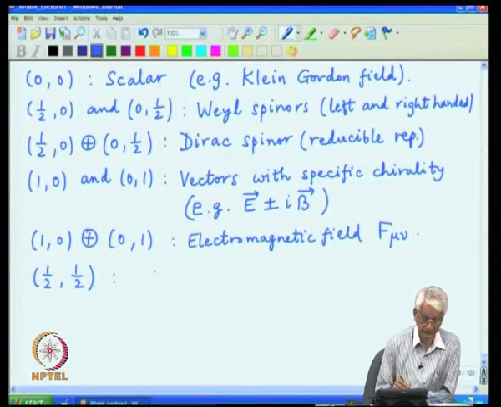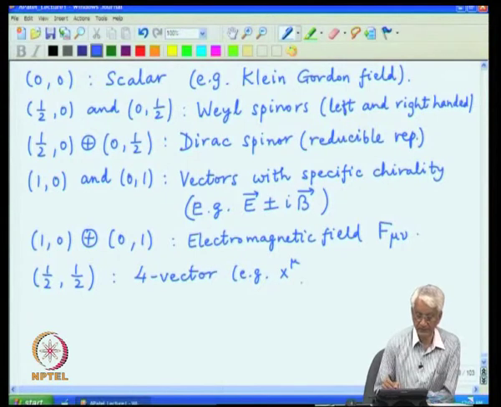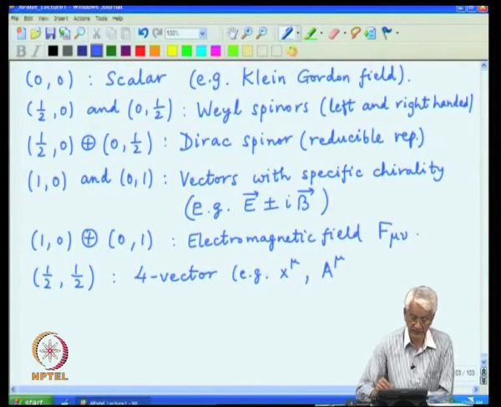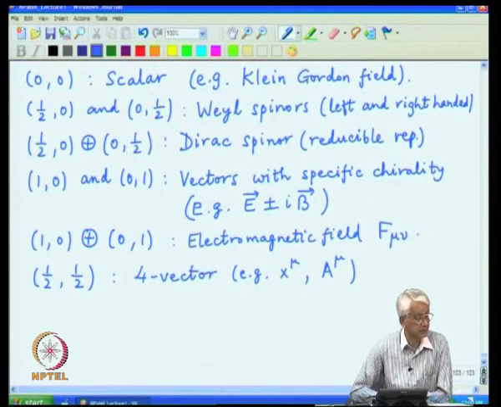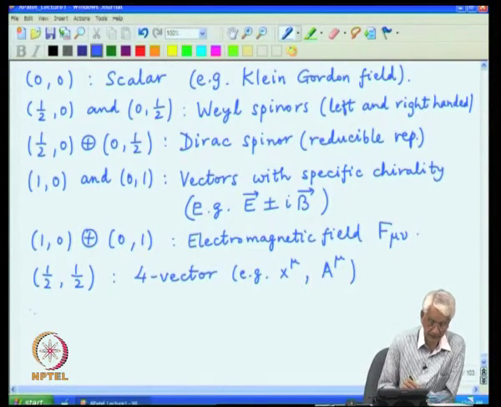So, this is a four vector, and they can occur in various combinations. For example, the coordinates, or one can even have the electromagnetic potential. They belong to this representation (1/2,1/2).